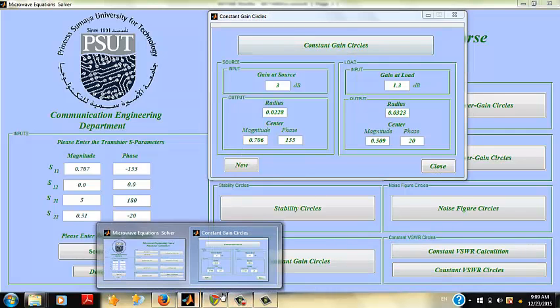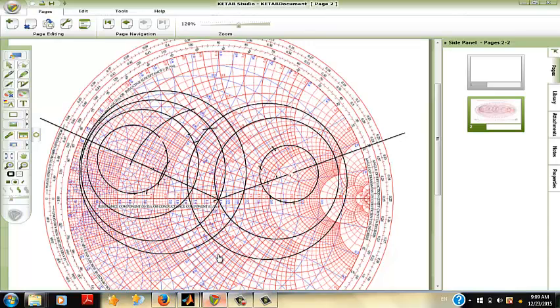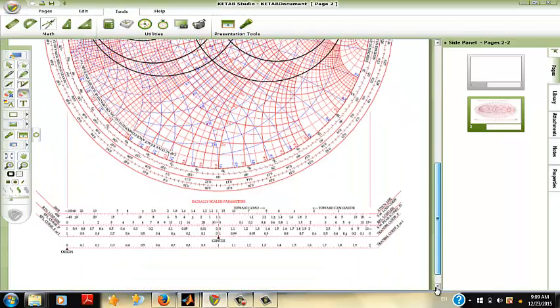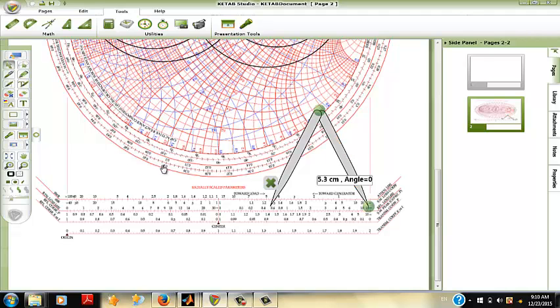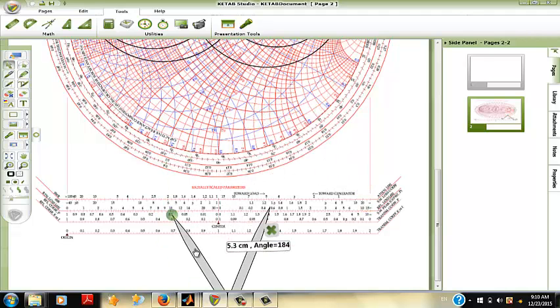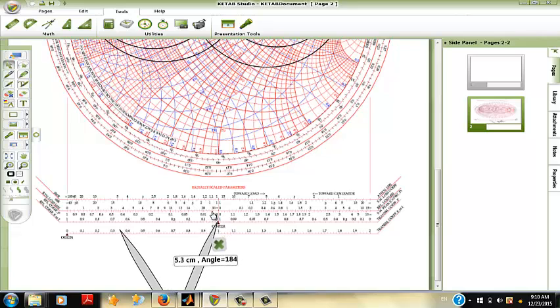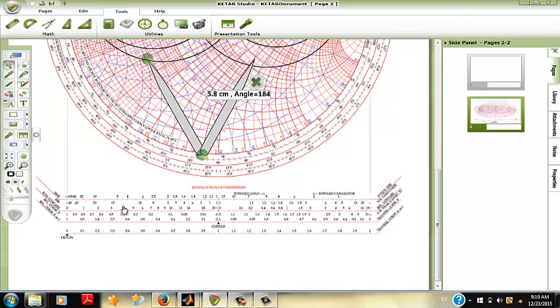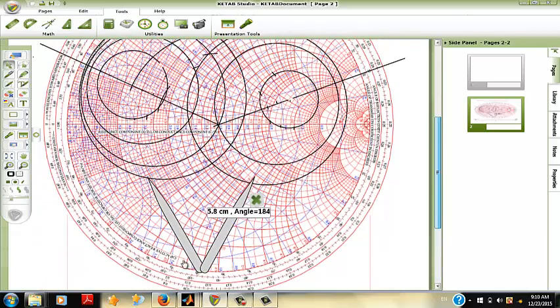By opening Kitab, we want to draw the 3 dB circle for the source. The center is 0.706 and the radius is almost 0.